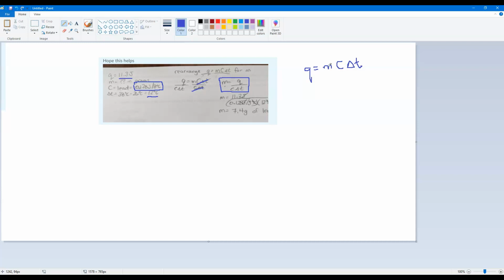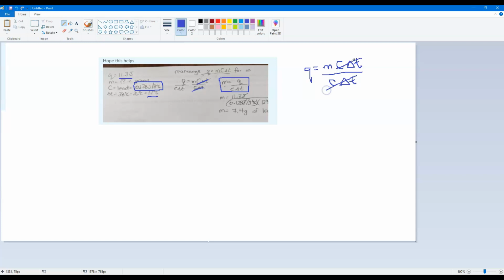So we're multiplying mass by heat capacity and by change in temperature. The opposite of multiplication is division, so we're going to divide this side by heat capacity and change in T.